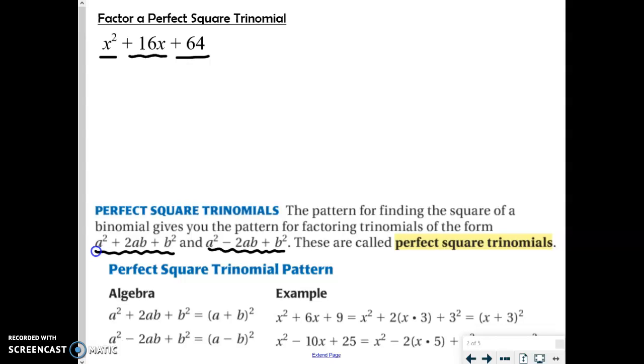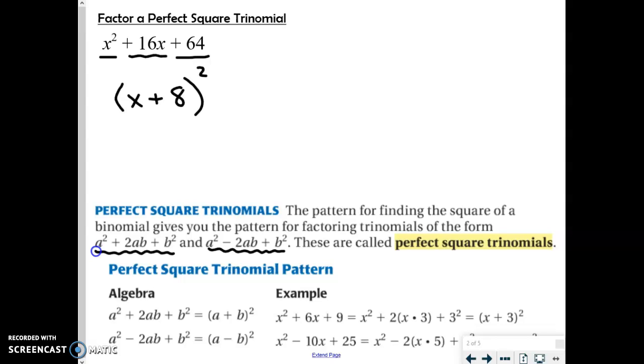So if you notice that, then the way that we would factor this type of trinomial is it becomes the square root of the first term, the sign of the middle term, and the square root of the third term, that binomial squared.